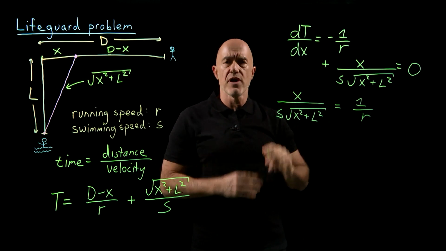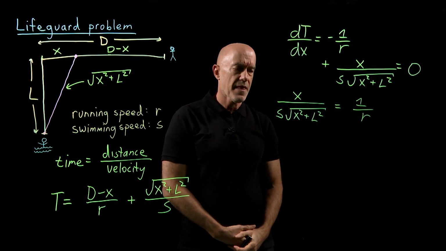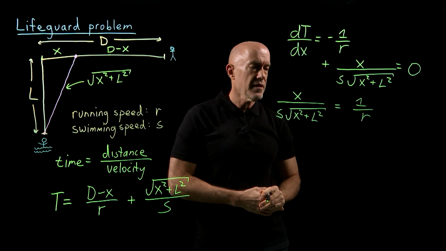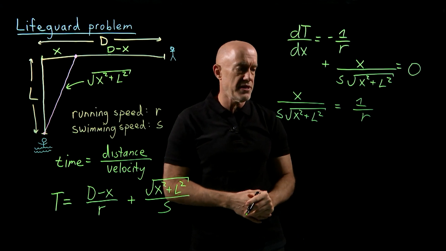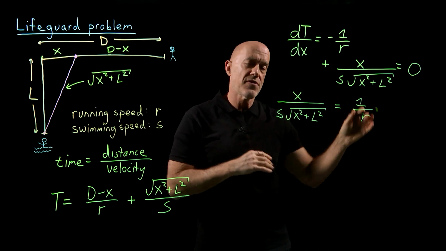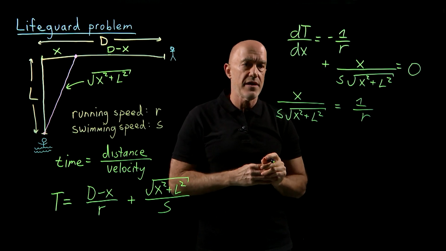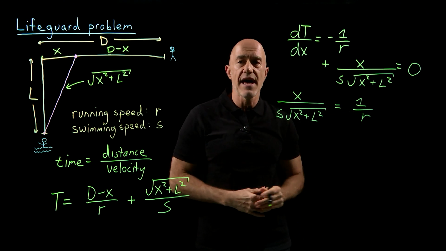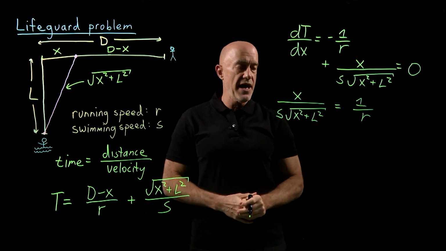I don't like the square root, so I would square both sides of this equation. Then I would cross multiply, and we would have then x squared on both sides of the equation. And then I would put all the x squareds on the left, everything else on the right. I would isolate x squared, and then I would take the square root. Okay, you can do that. If you want to do that on a piece of paper, go ahead.